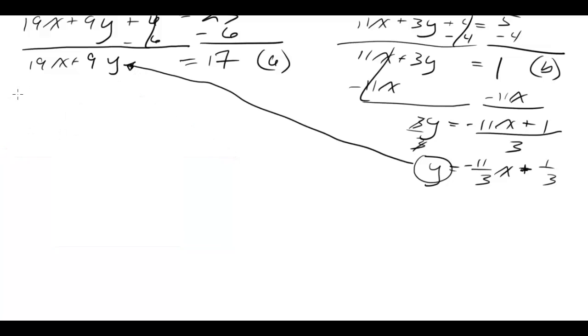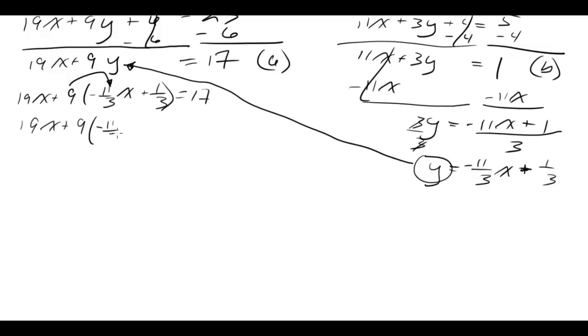So we go to equation A, copy the first term, substitute in for the second term, minus 11/3 x plus 1/3. That equals 17. Copy the first term, distribute the second term. Well, that's not going to be too difficult. 9 times minus 11/3 x plus 9 times 1/3 equals 17.